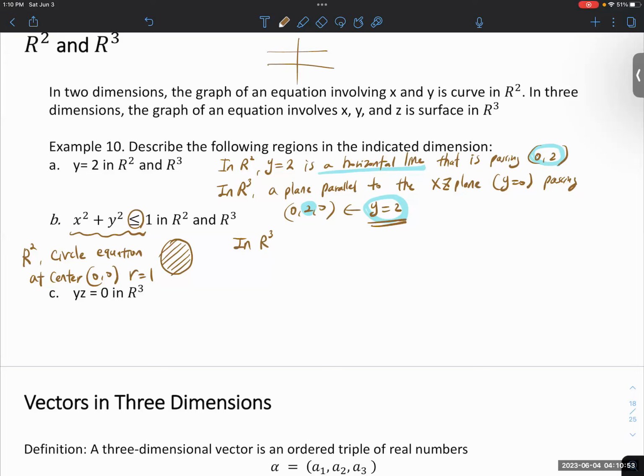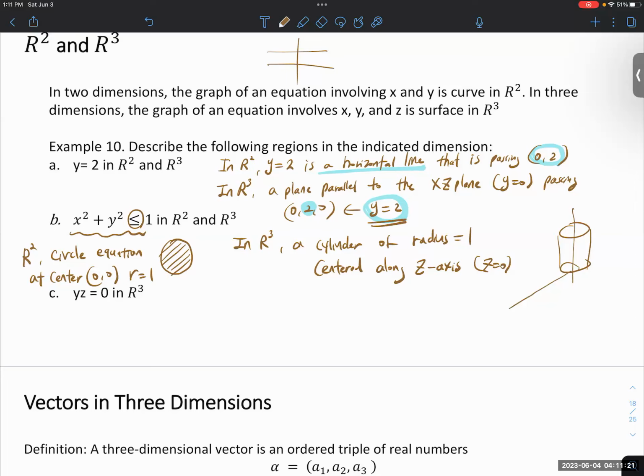So it's going to be like a sphere, but it's a cylinder, of a radius 1, and then centered along the z-axis, because there's no z. So when you draw the image, this is z, x, y.